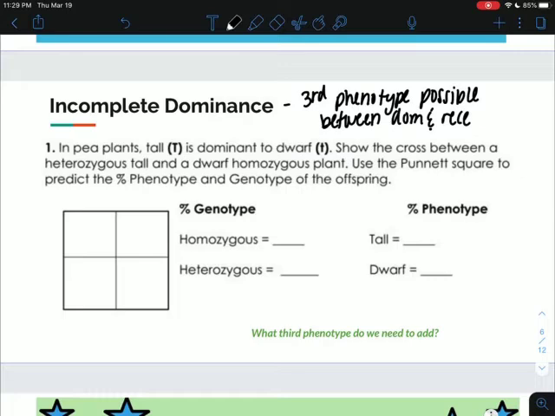So if we look at this problem here, we're talking about pea plants, all right? Talking about dominant and recessive heights of pea plants. So the first question I ask you here is at the bottom, okay? Now that we know that incomplete dominance means there must be a third phenotype, what third phenotype do we need to add? So I look at this and I say, all right, I've got tall, which is the dominant, and I've got dwarf, which is the recessive.